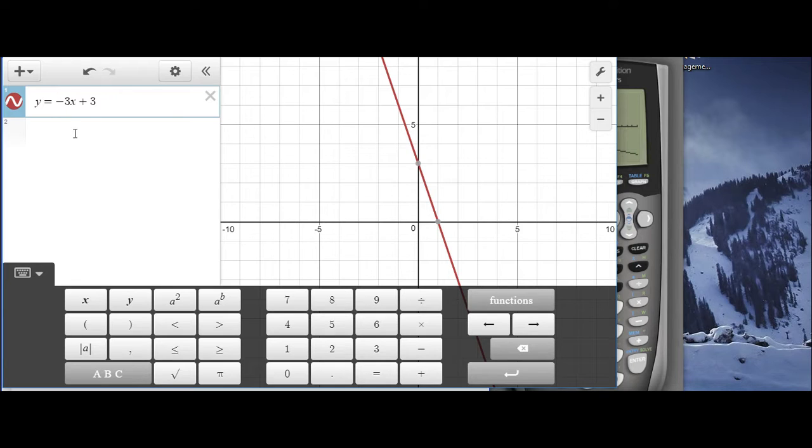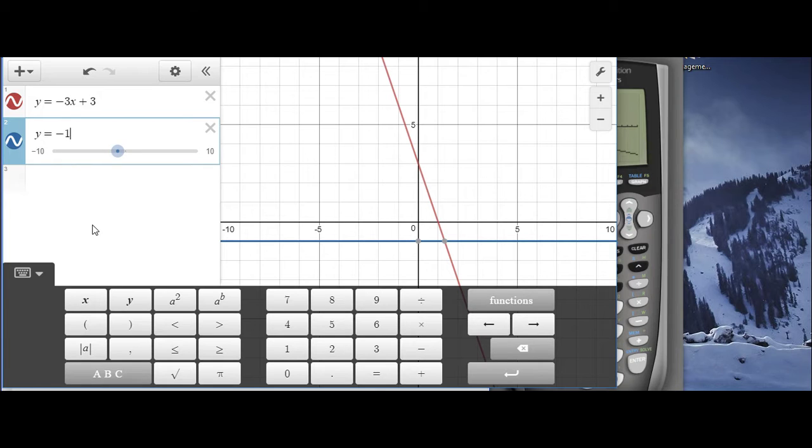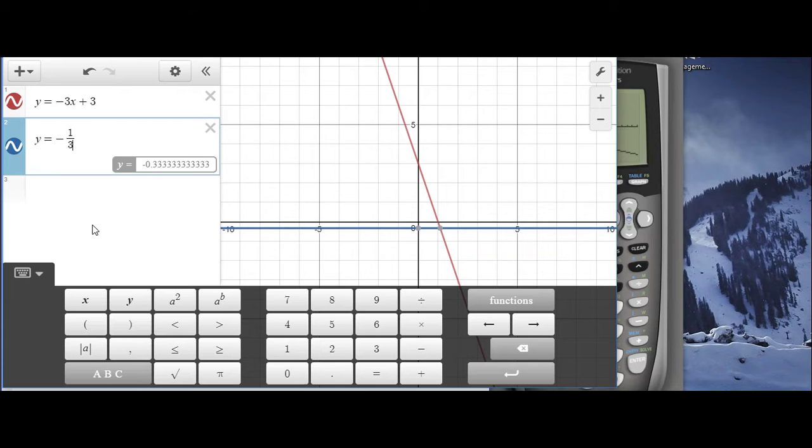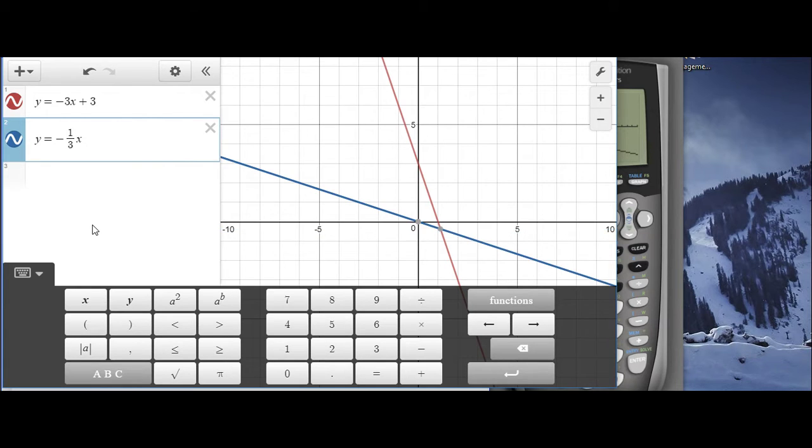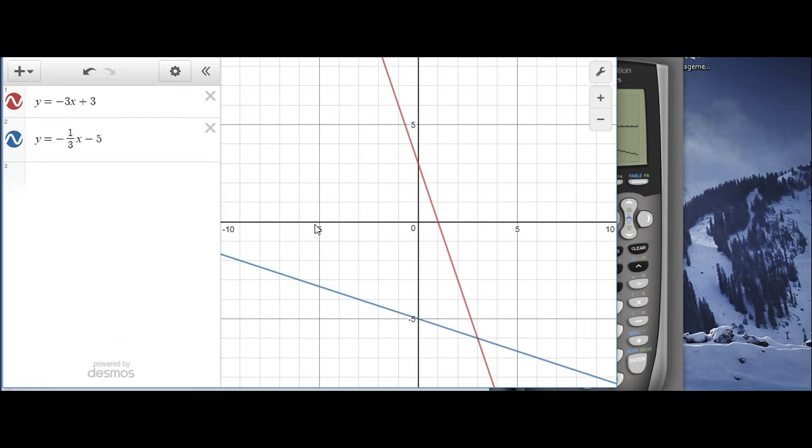Then if you use your mouse and click on the second line, you can type in the second equation, y equals negative 1. Now over, I'm going to use the slash button, 3. And then I'm going to use the over arrow to get out of the denominator, x minus 5.